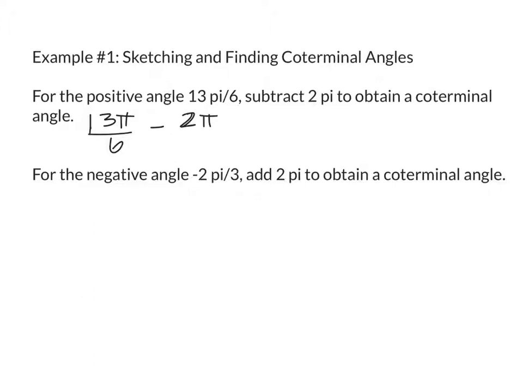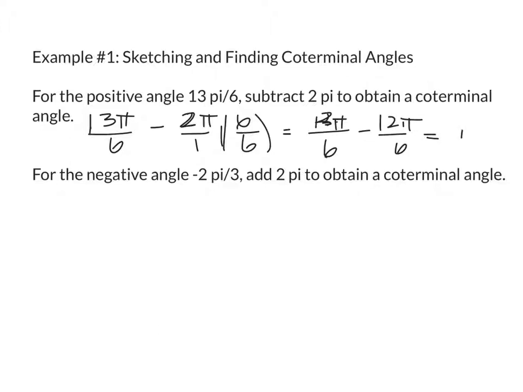We need a common denominator. Right now it's 2 pi over 1. So to get a common denominator, I'm going to multiply by 6 over 6. So this becomes 13 pi over 6 minus 12 pi over 6, which gives us pi over 6.